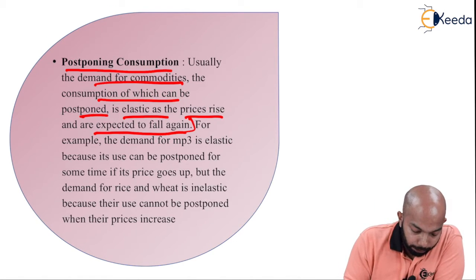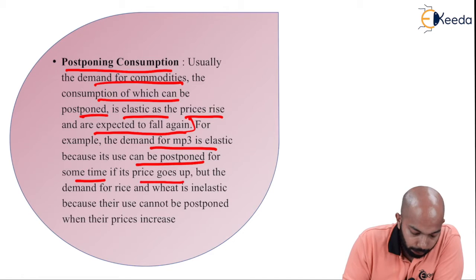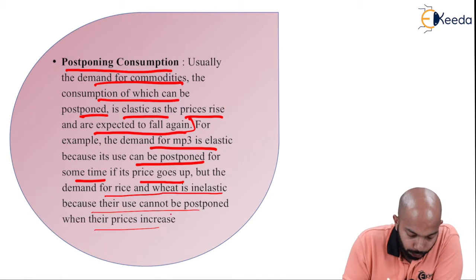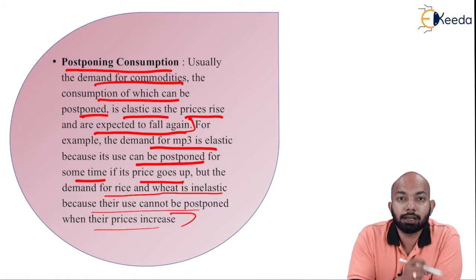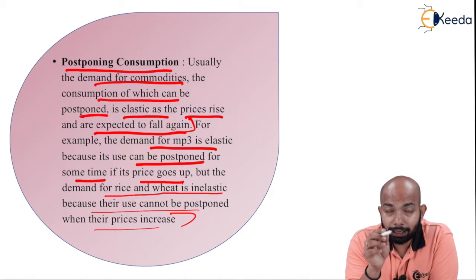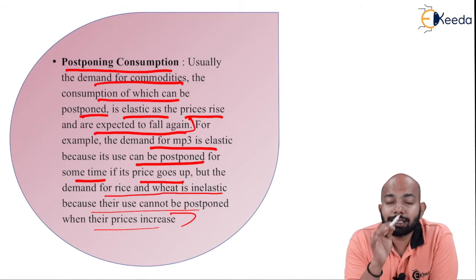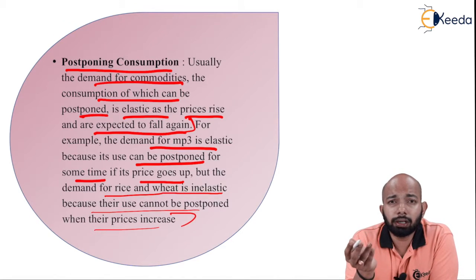For example, the demand for MP3 players is elastic because their use can be postponed for some time if the prices go up, but the demand for rice and wheat is inelastic because their use cannot be postponed when their prices increase. MP3 player and car are things that you don't use on a regular basis.